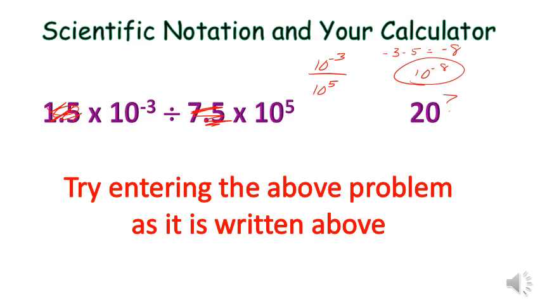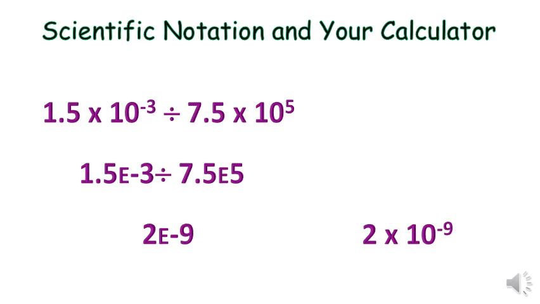Does that do it? Not at all. Your calculator completely messed up the order of operations. So let's try entering it in our calculator as this: 1.5e -3, that's not a minus sign, that's a negative sign, divided by 7.5e5. Your calculator now sees this as one term and this is one term.